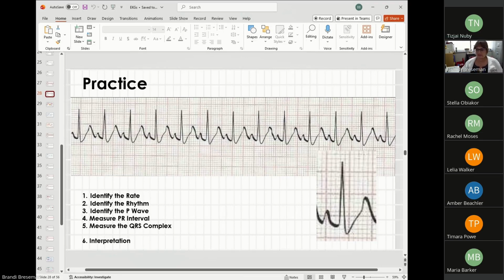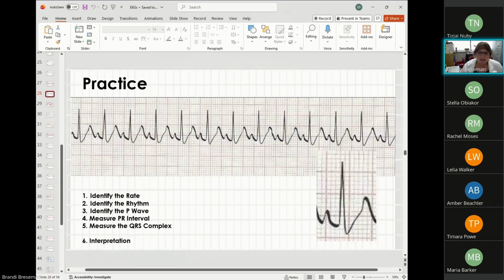Any guesses? Anybody got their rate yet? What's the rate? 130. Yep, 130. Good job. It is a regular rhythm, correct? It is sinus tachycardia.